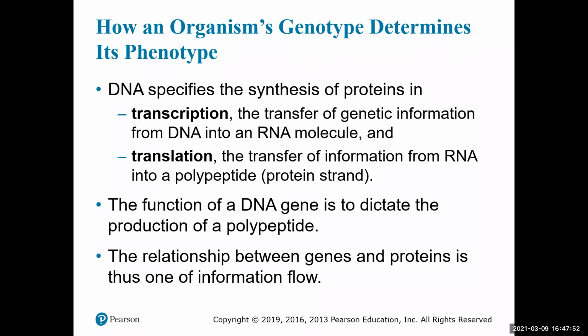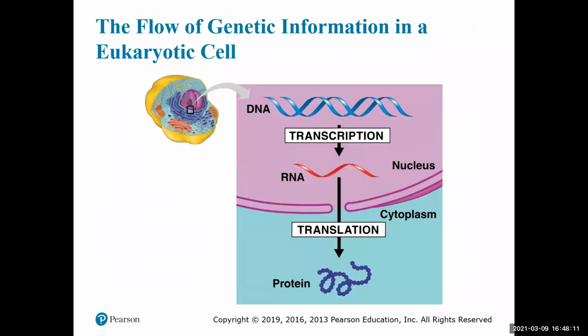And so the function of the DNA gene, the specific sequences in that DNA molecule, determines what protein or polypeptide will be made. And so we have this relationship between genes and proteins that is a one-way information flow. And this is a little figure that shows how that information flow happens. So again, we have DNA that's in the nucleus.